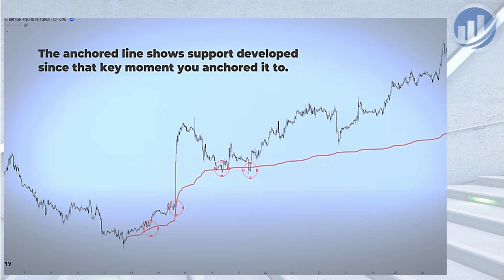And like I said, wherever you anchor it from that moment forward is where it's going to be valuable. A valuable tool to judge where you should put your stop loss, if you should leg in, if you should be concerned about bailing on the trade.